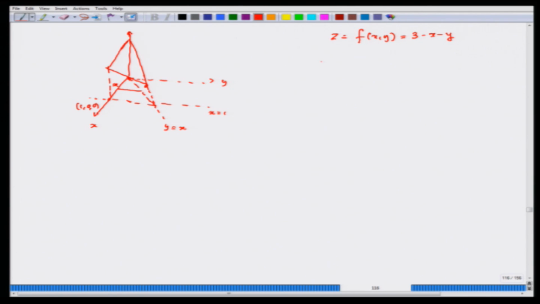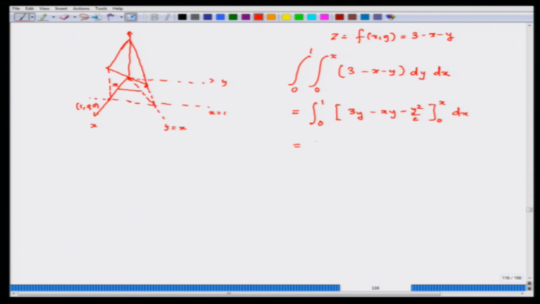So, basically now my integral would look like 0 to x. These are my y limits, and here x is from 0 to 1. Here I will have 3 minus x minus y, and we shall first integrate over y and then over x. If you finally calculate in the same way, this is 0 to 1, this will become 3y minus xy minus y squared by 2, here you put 0 and x. When you put 0, everything will be 0.